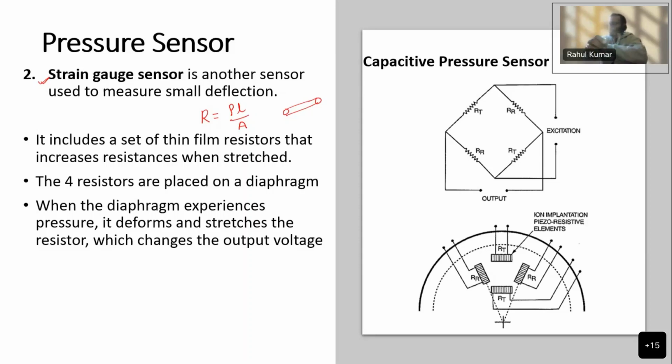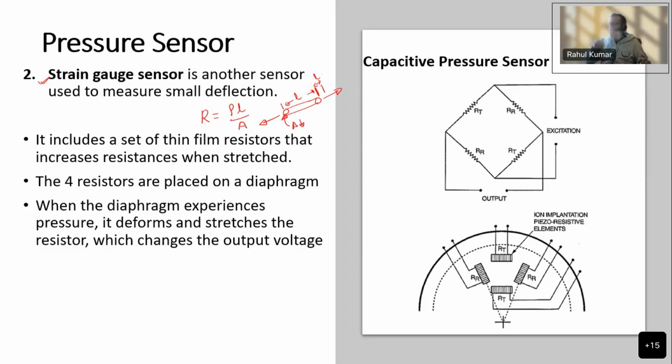So if we stretch the wire or the resistor, you would change the length. If the initial length was L and you are stretching the wire, it will change its length, and also the cross section area will decrease.